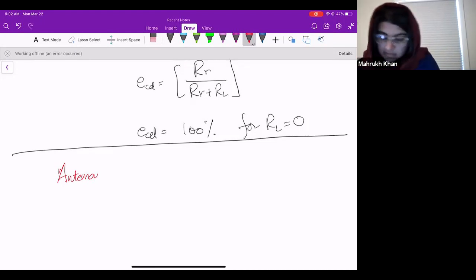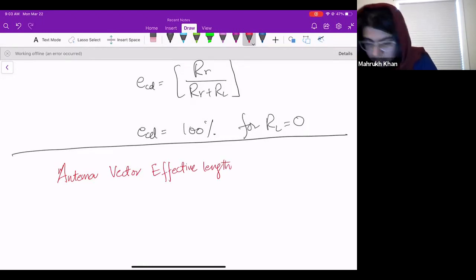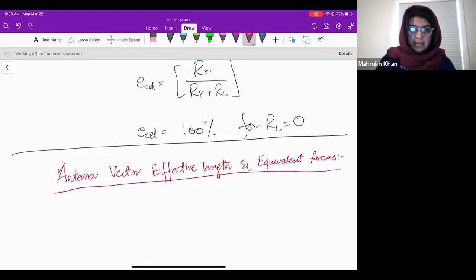So this is antenna vector effective length and equivalent areas. Okay, so what is vector effective length? Sometimes it happens that your antenna is very small, but its effective length is very large.